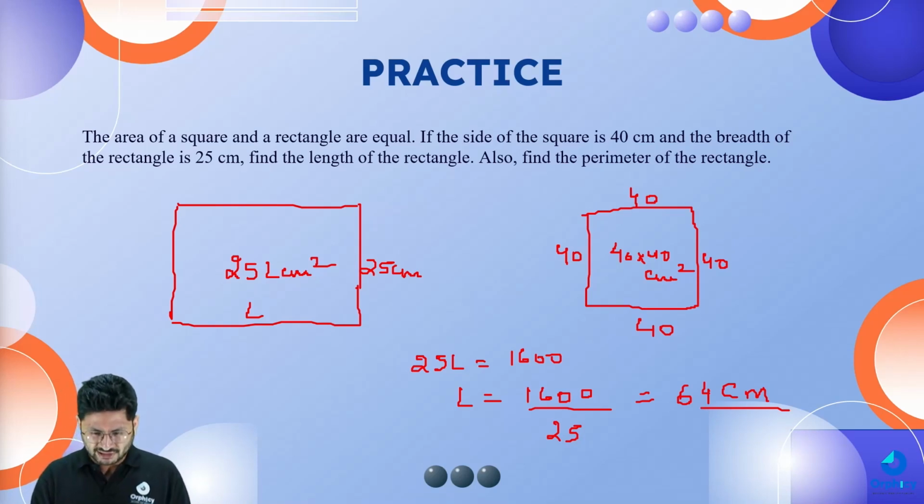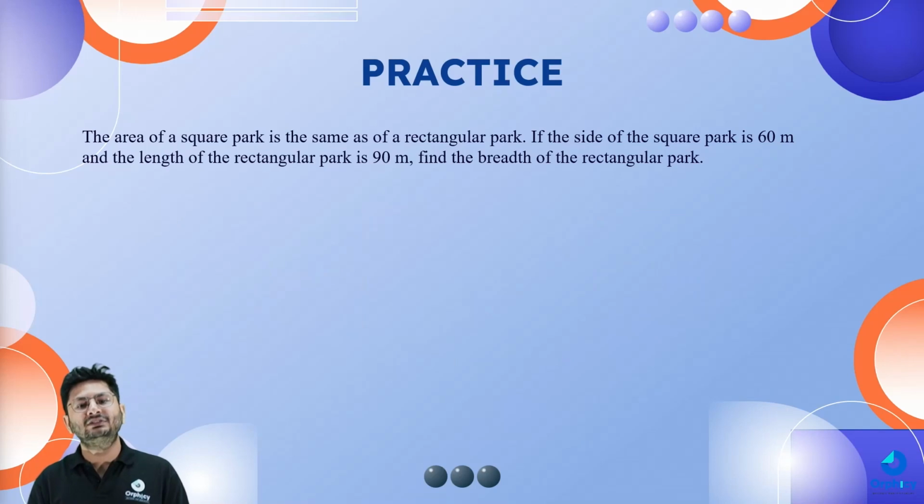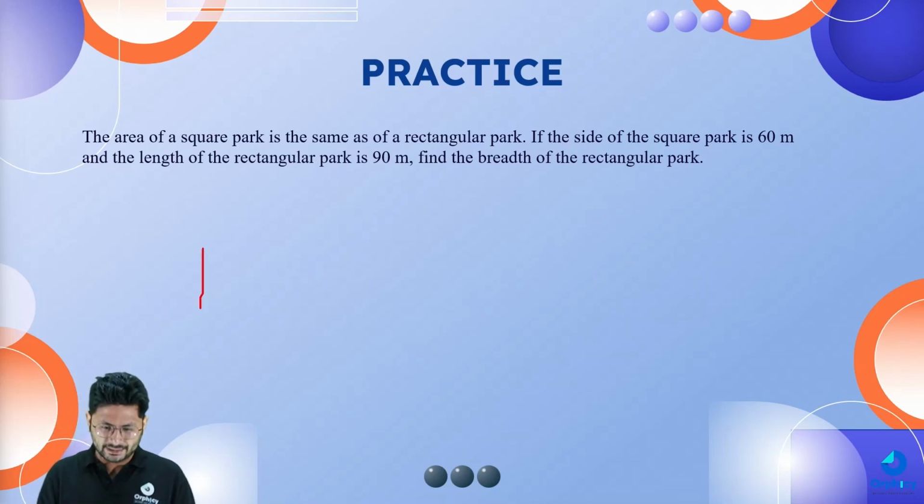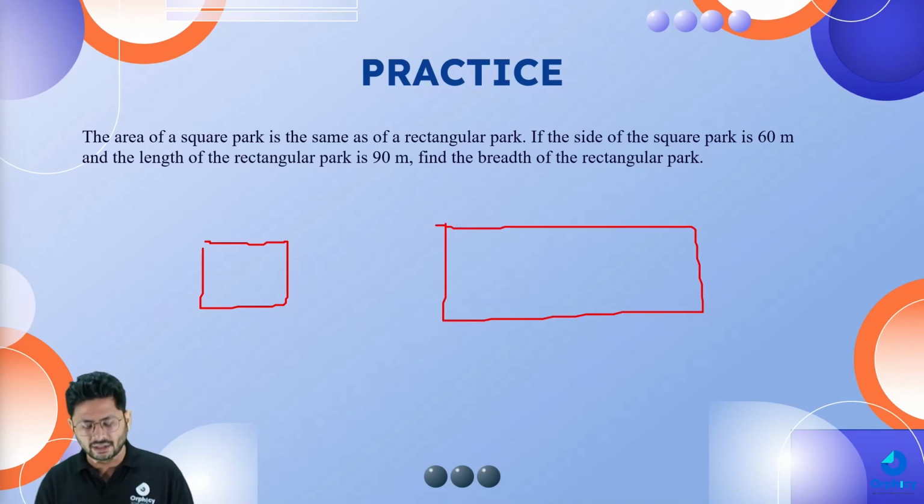Okay, another question. So area of a square park is same as of a rectangle. Similar question. Square park और rectangle का area बराबर है. ठीक है, this is the square and this is the rectangle that we are talking about. If the side of the square park is 60 and length of the rectangle is 90, we have to find out what is the breadth of the rectangle.